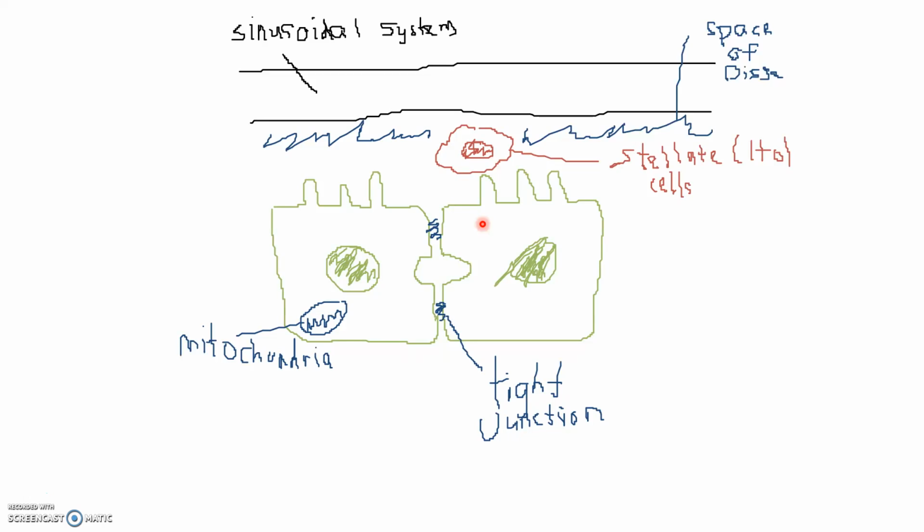These stellate cells will be converted to myofibroblasts, which will start to secrete a lot of collagen, and this collagen will then constrict. When they form a lot of collagen in this space of Disse, they will eventually constrict the sinusoid. So the liver blood flow will be altered, and some areas of the liver will have less blood flow, and some areas will have more blood flow.